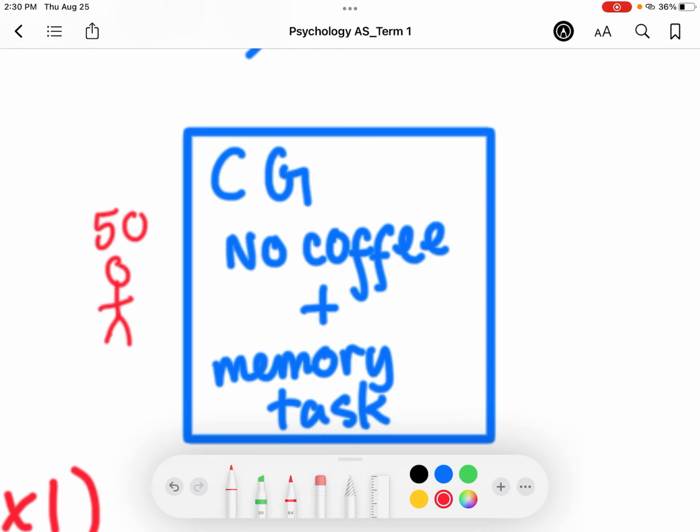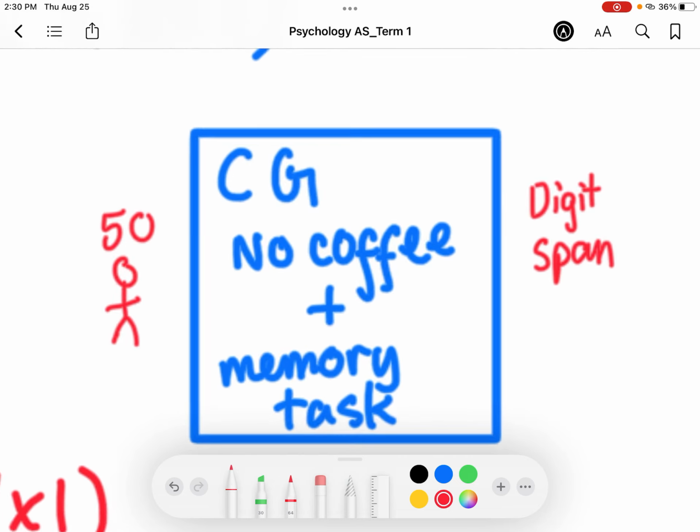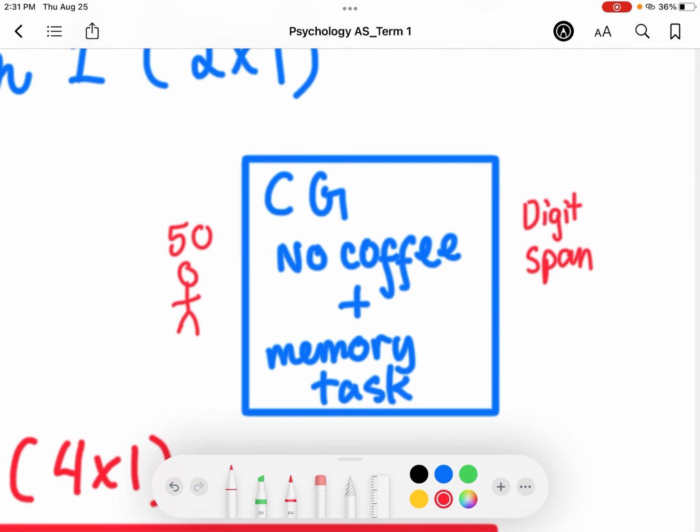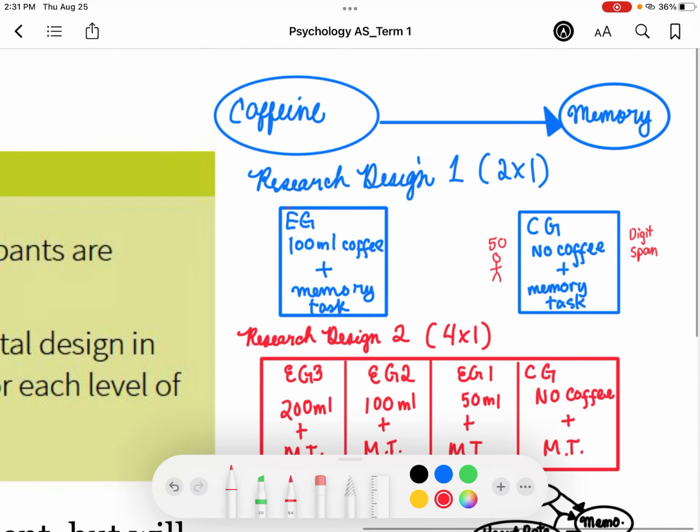We talked about the digit span memory task, right? If you forgot what this is, you can look it up online, what digit span is. It's a form of short-term memory test of numbers.